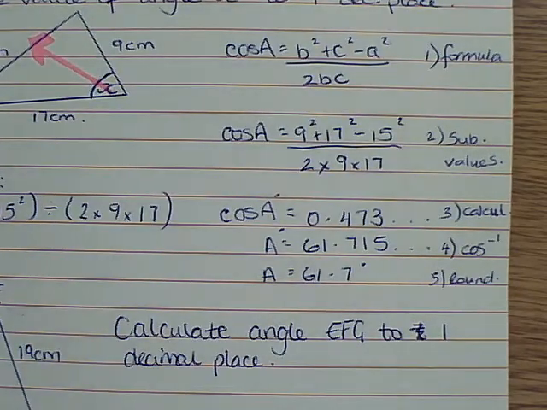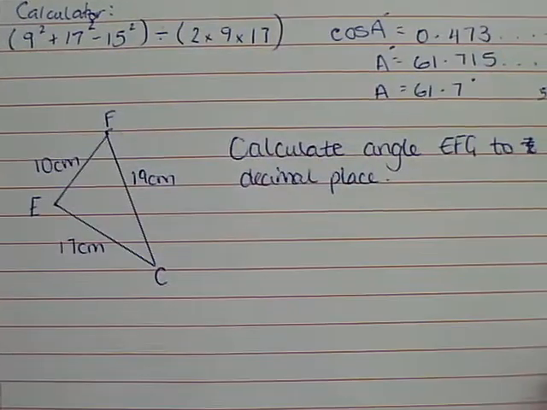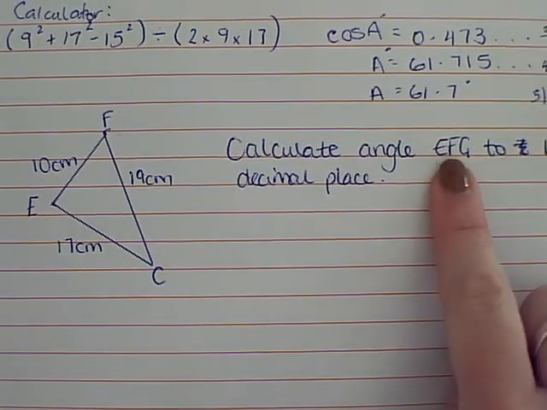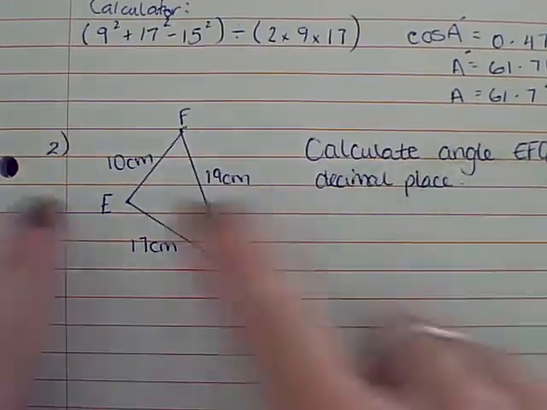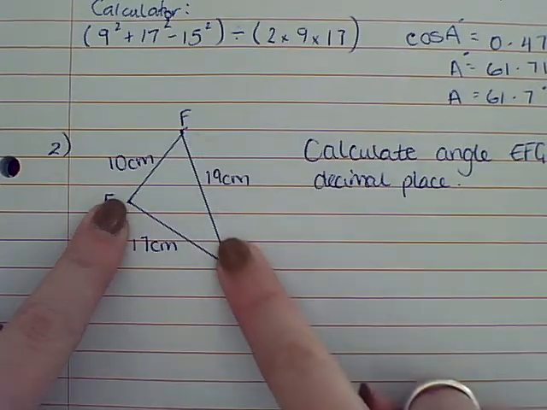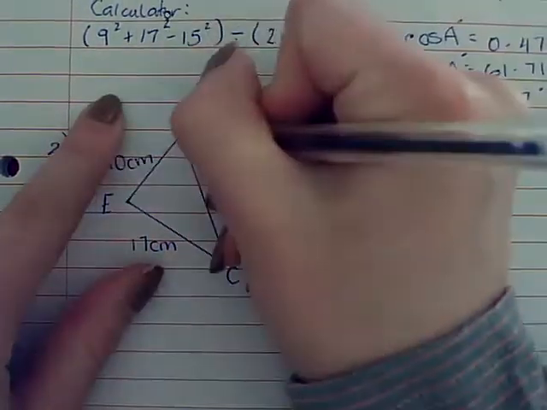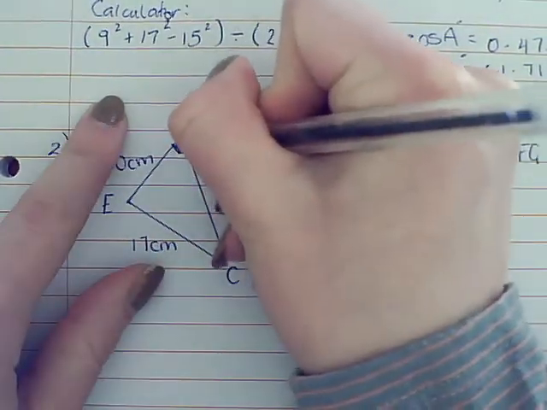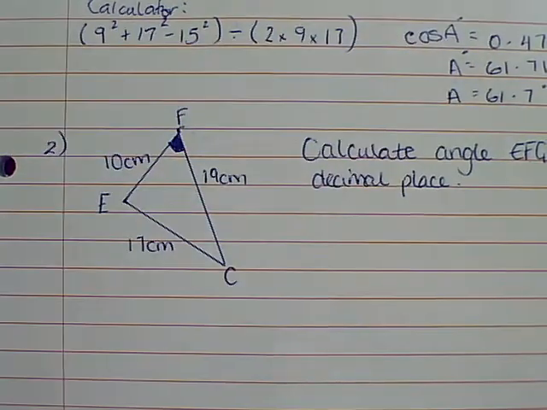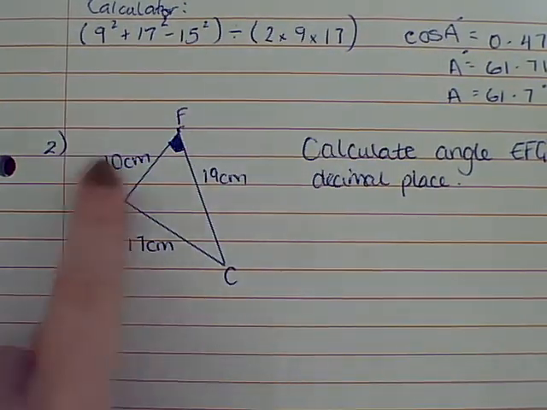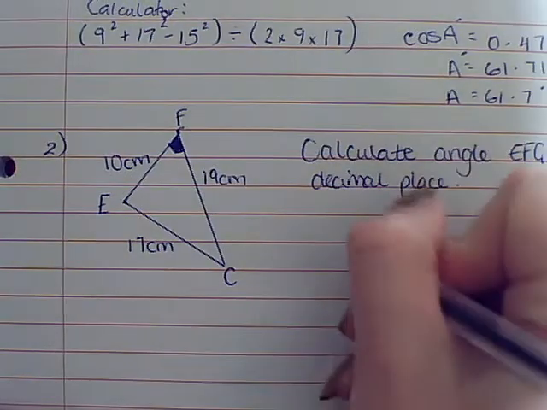Now let's do it all over again. This time I want to calculate angle EFG to 1 decimal place. So starting at EFG, the middle letter is F, so I want this angle here. Do I have all 3 lengths? 1, 2, 3, absolutely, so I can use this rule.